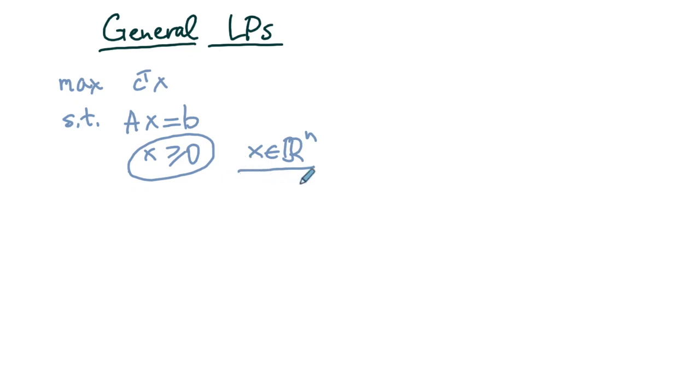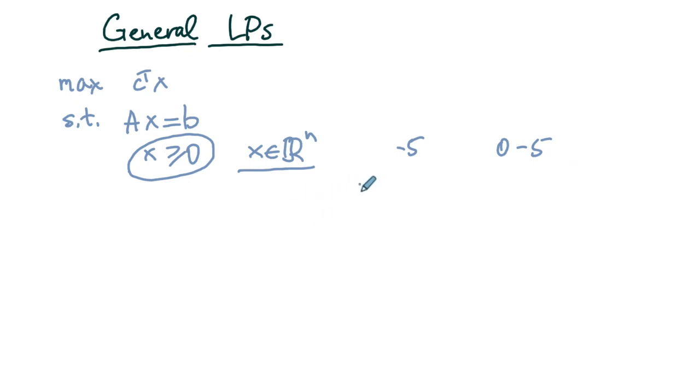Instead of considering a real variable, we introduce additional variables and represent our real variable as a difference of two non-negative variables. And of course, we can always do this. For example, if you take an arbitrary number, say -5, you can represent -5 as a difference of 0 and 5, both of which are non-negative. And essentially, this is what we are going to do.